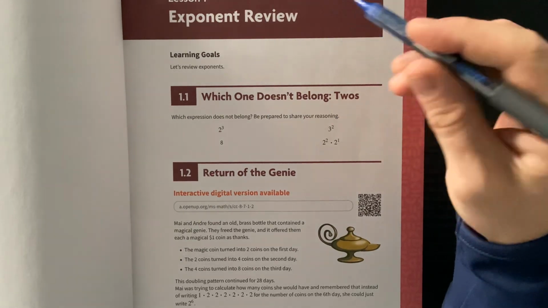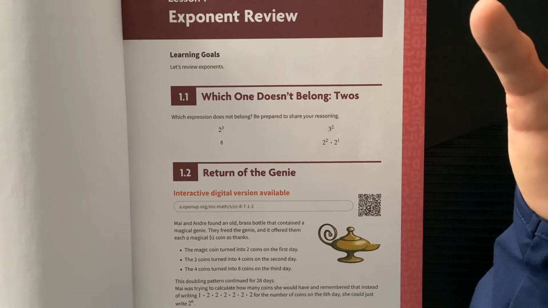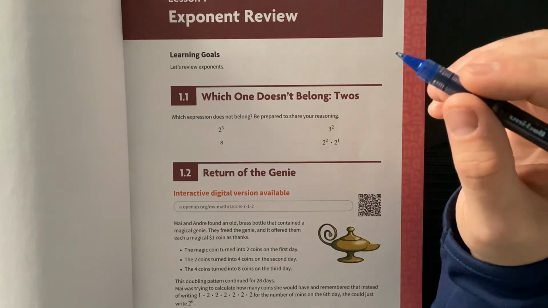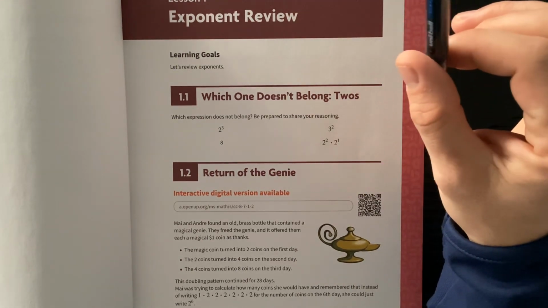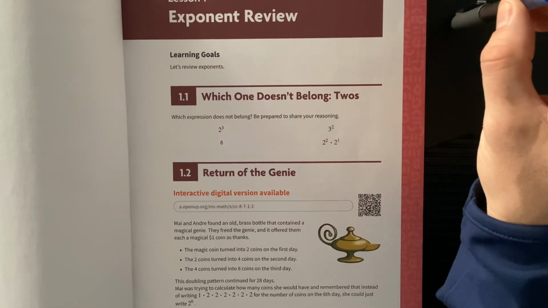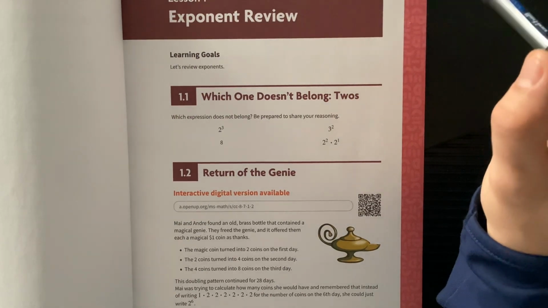It's the only one that hasn't been chosen yet is the one that I would have chosen. Somebody already said 8. Oh, 3 to the second. Why? Because it's the only one that doesn't equal 8.